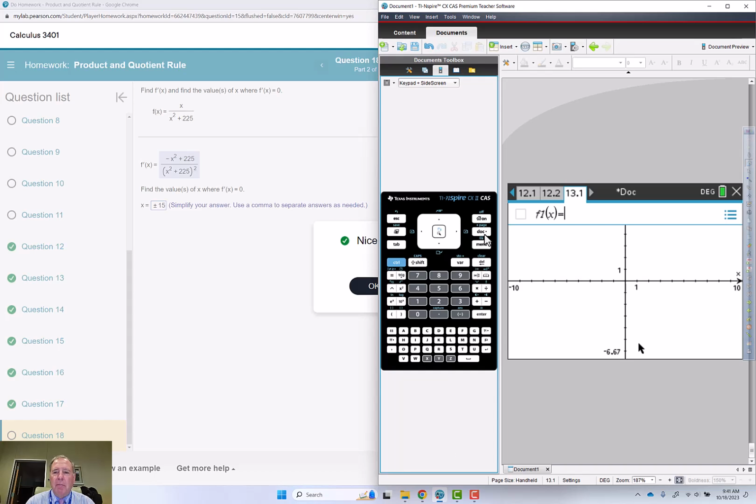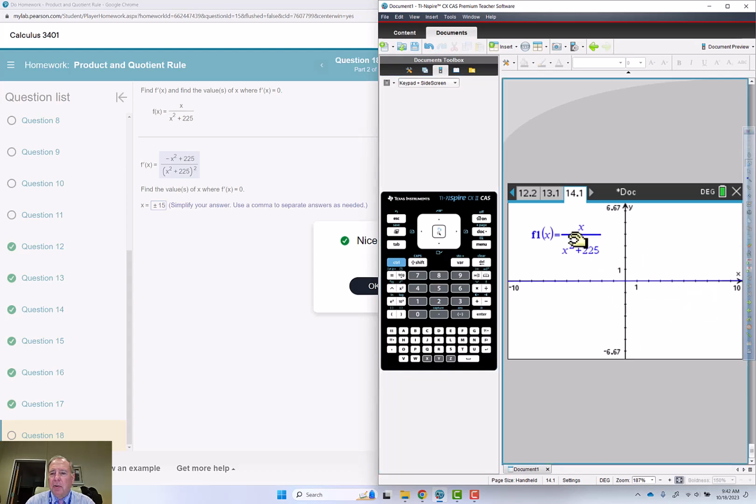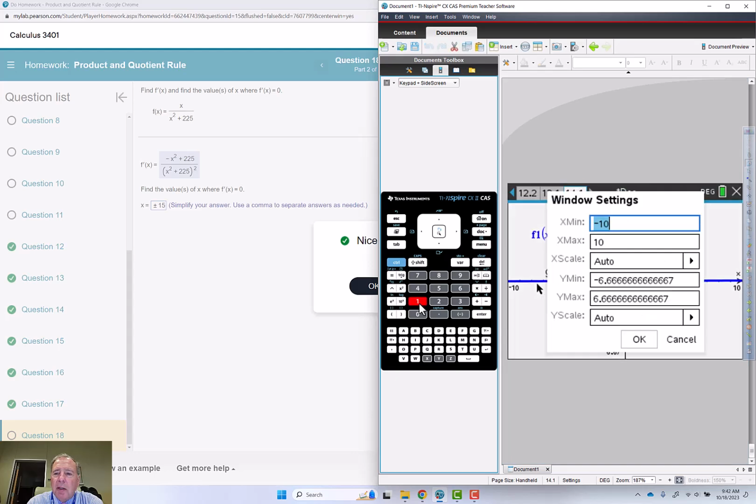So I'll start a new problem, doc 412, a fraction x divided by x squared plus 225. So that is a pretty flat looking function, and we're going to open up the window a little bit. So I'm going to go negative 20 to 20 by 2's, and then I want to zoom way in, so I'm just going to go negative 1 to positive 1 by like fifths.